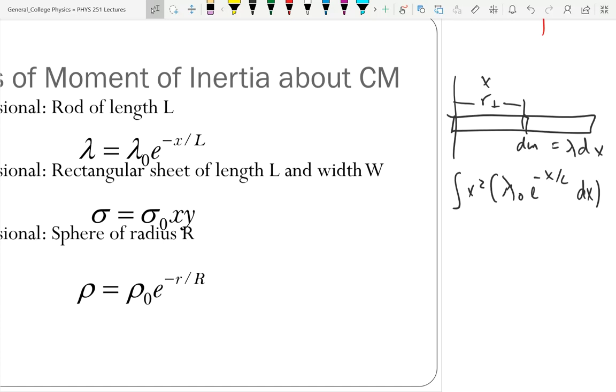I'll take anything except for rotating about one end so it's going like this. The reason for that is because that makes it simpler than I want to do. So you want it to rotate around the center? Okay, he said a corner, and he said the center.